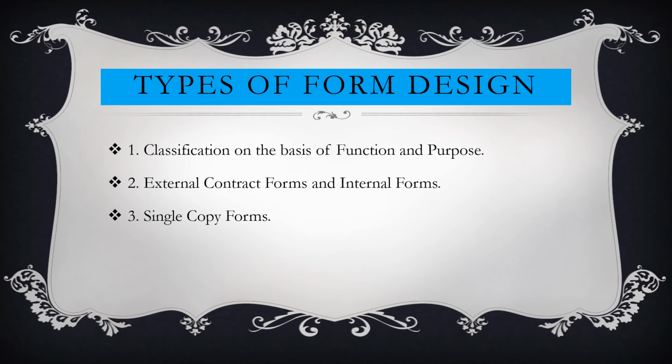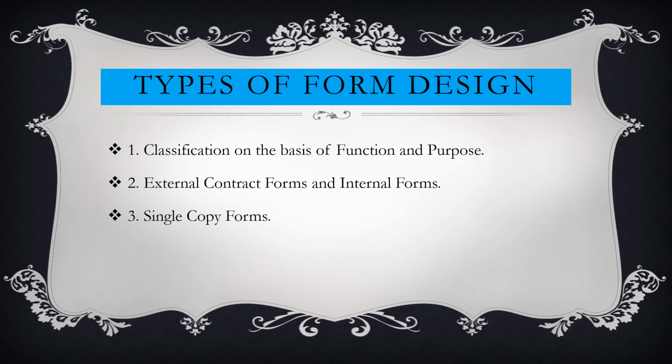For example, a college admission form is prescribed for a specific purpose, this purpose being admission to college. Second, sales forms are prescribed for a specific function. The function is to record the sales.